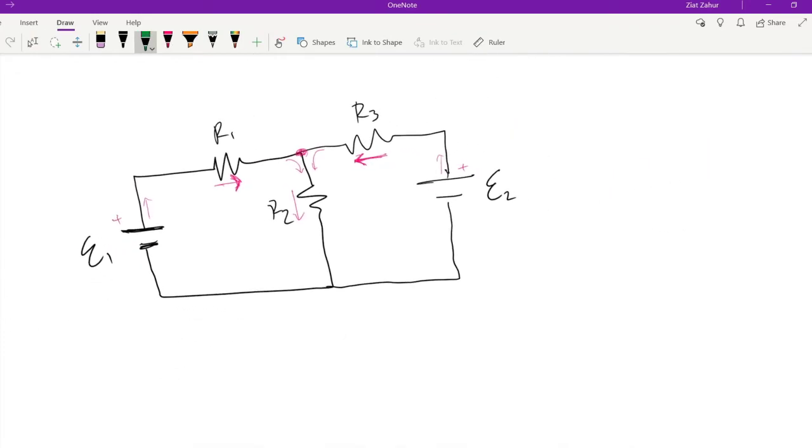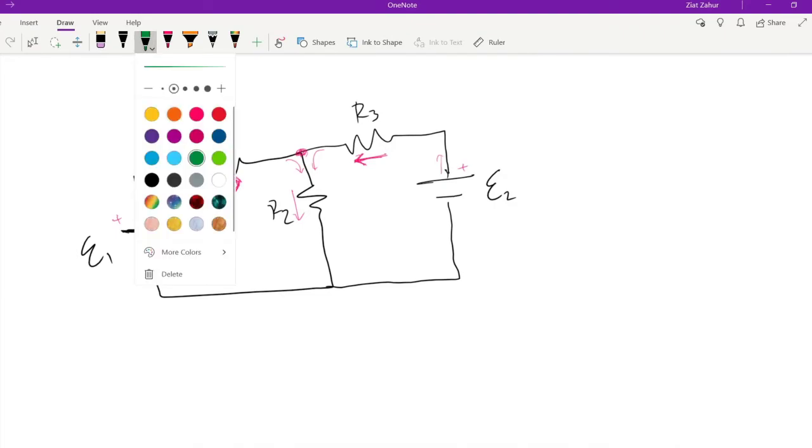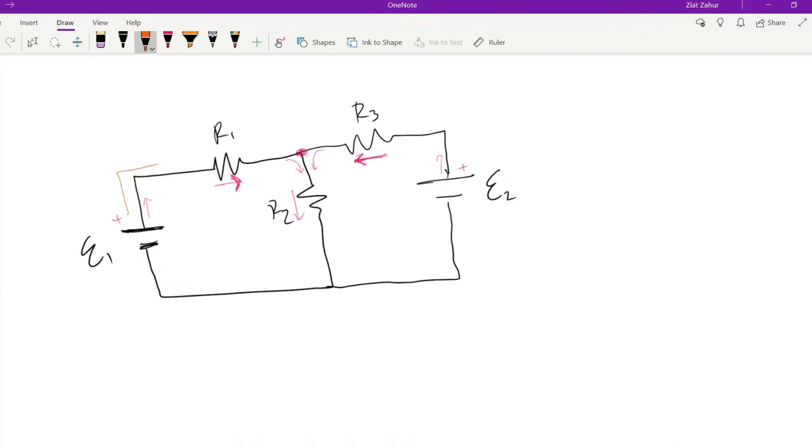Okay, let's go and do our pathways. I can do 3 different pathways just to show you that I can, mostly. We'll start here, go through resistor 1, go through resistor 2, and then go to the bottom of the battery.